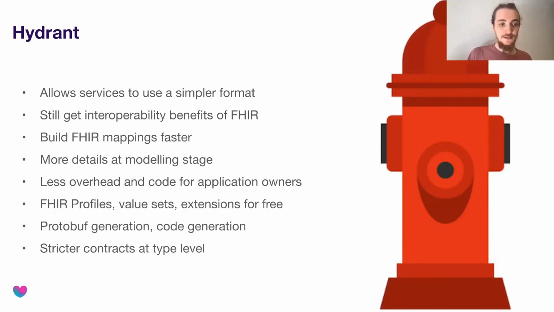And it also allows FHIR profiles, value sets, and extensions for free, because we just generate them. That allows us to know exactly what the data in our central store looks like. And then Protobuf Generation, allowing us to send the data around more easily, and code generation, making it easy for our software developers to actually send that data to us in the central store. And we also get these stricter contracts at the type level as a result of that code generation.